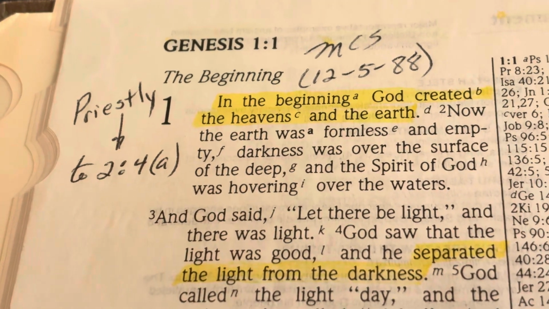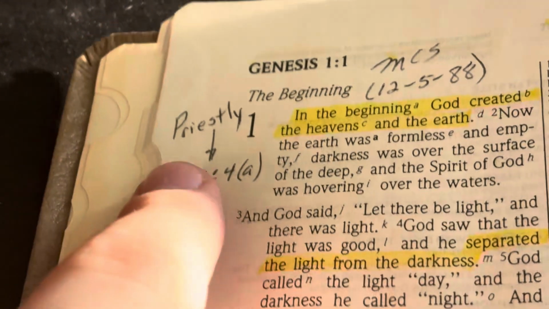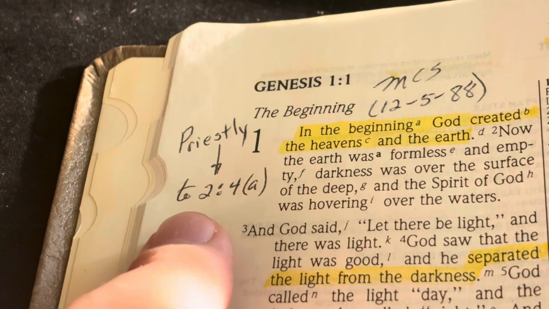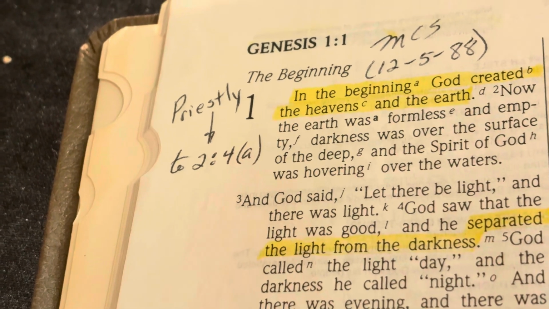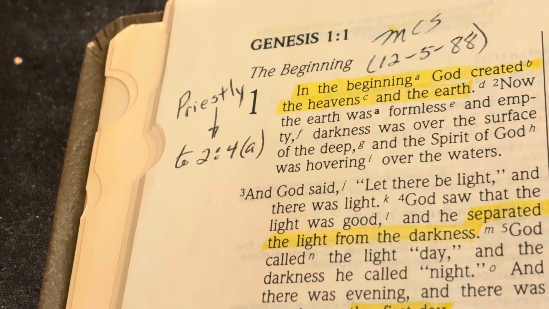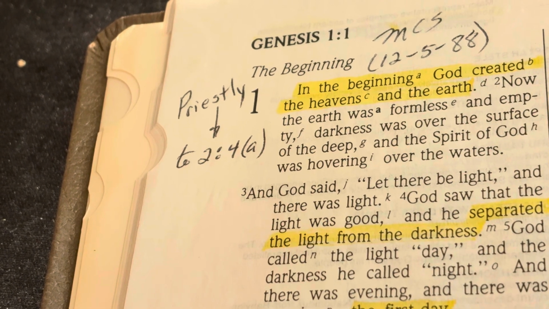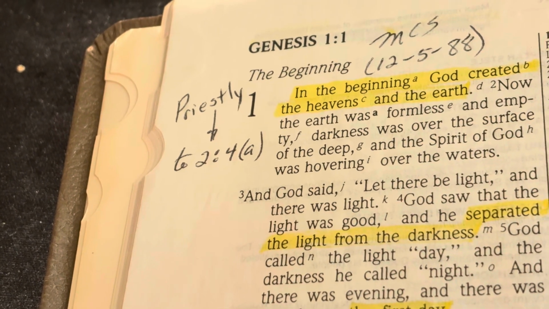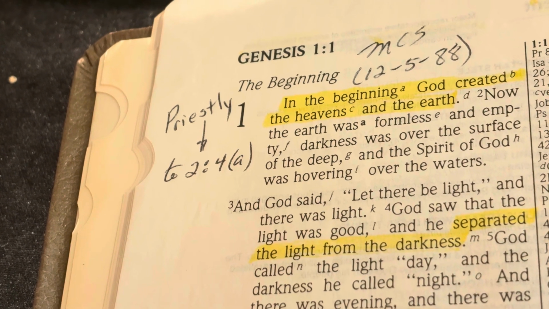Looks like December 5th, 1988. Made a note right there. Priestly. That's probably the reference to the same book. So it'd be Genesis 6:2 and 4a. I don't know, but I'm thinking that's what it means.